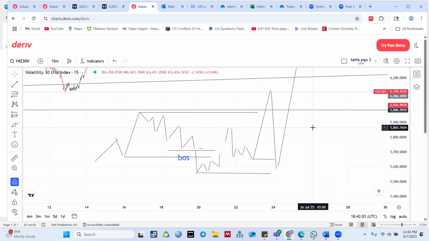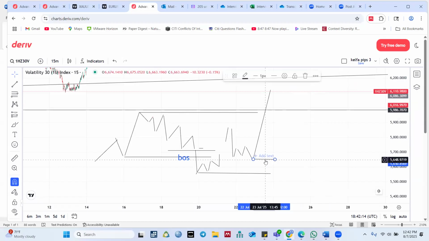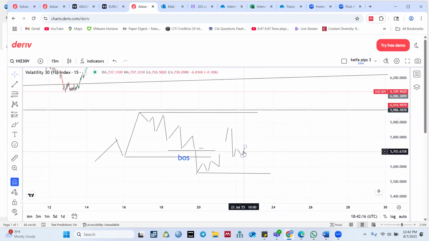So we started from the basic structure of how the market should move in a bullish situation to a very complex one, where what we expect in real life will not happen.